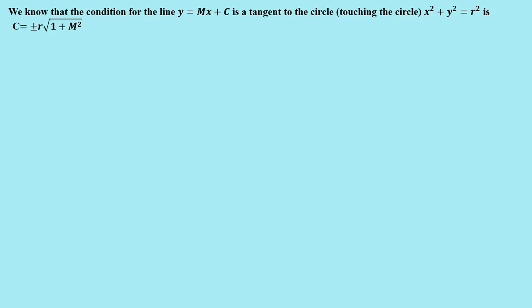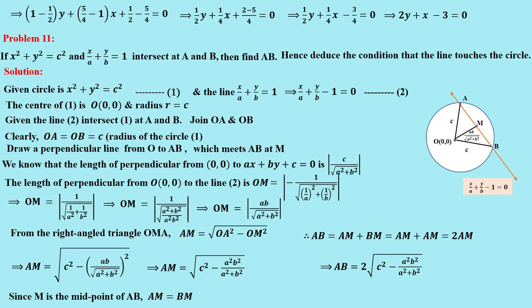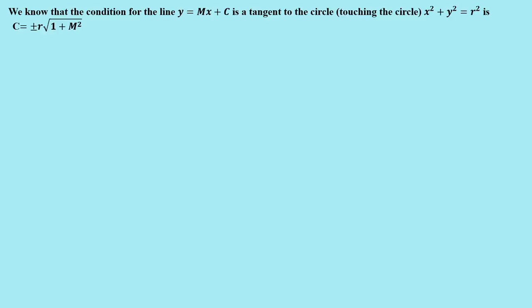That is why we found it previously: AB is 2 into root of c square minus a square b square by a square plus b square. They are asking for the length AB.